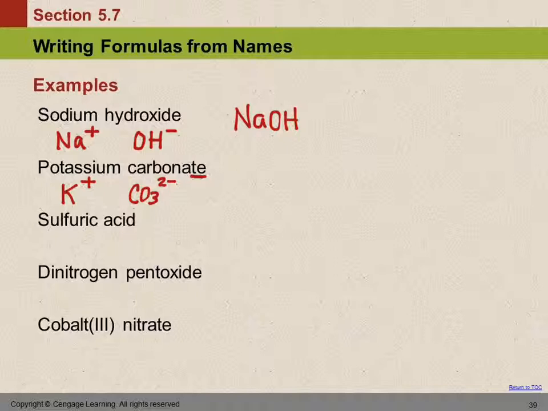If we do the crisscross thing, this is an understood 1. That becomes the subscript on the carbonate, which we don't write there either. And this is a 2, which will become the subscript on the potassium. So this has the formula K2CO3. Any questions?